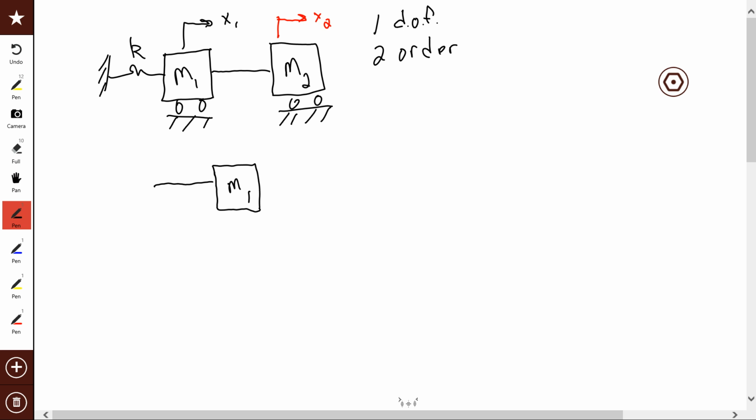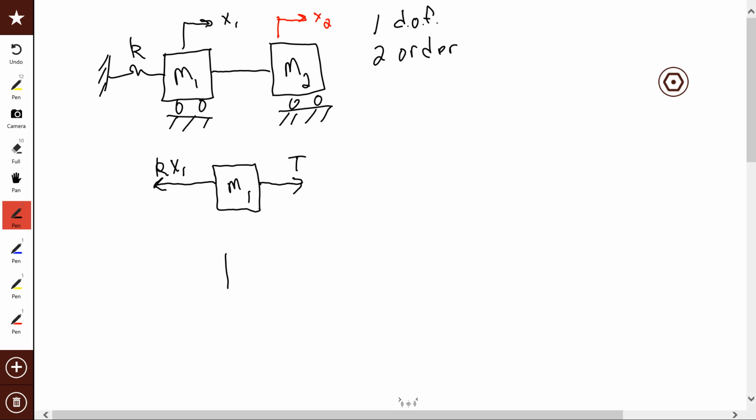Step 1, I draw a line. Step 2, I write the equation. Step 3, I pretend like x1 is positive. If it is, it's moved to the right, and I pulled the spring. If I pull the spring, the spring pulls me. So there's my arrowhead. And then over here, because I have a rigid rod, I have a tension or a compression. I don't know which one it is. I'm just going to call it T and draw it in like that. And I'm not going to worry about gravity, etc. We already know that that doesn't make any difference.